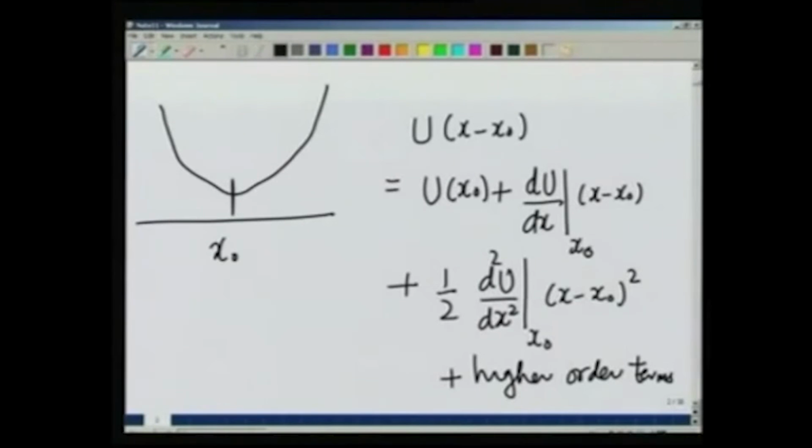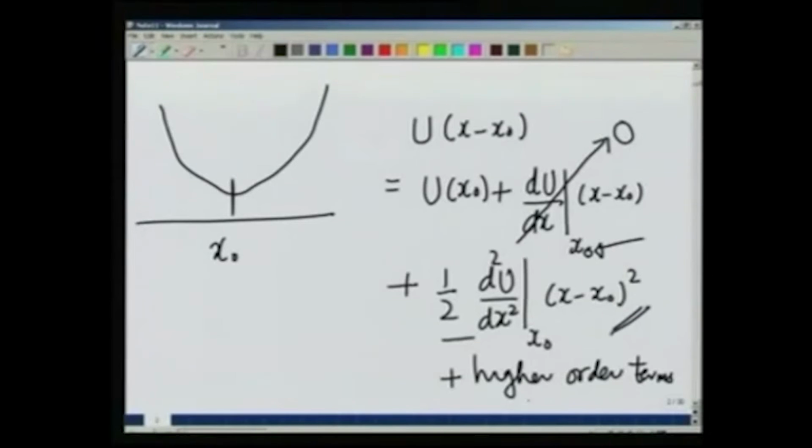If x0 is the point of stable equilibrium, then the force, which is the derivative of potential energy, is going to be 0 at this point, and therefore the first correction that comes to U(x0) is this term.